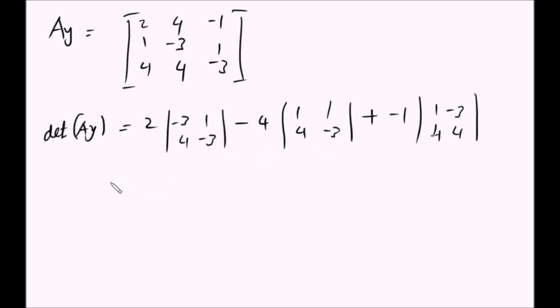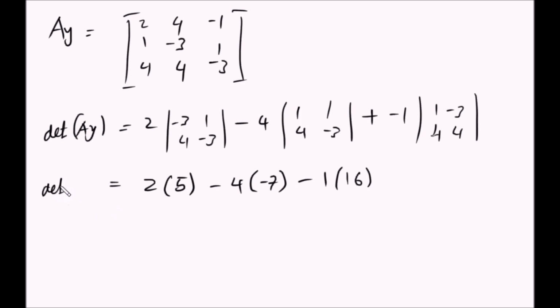So itakuwa ni 2 times 9 minus 4 is 5, minus 4 times negative 3 minus 4 is negative 7, minus 1 times 4 minus negative 12, kwa hiyo ni plus 16.